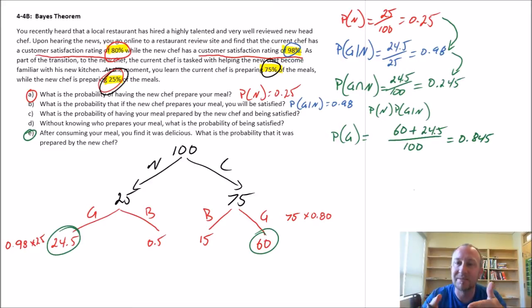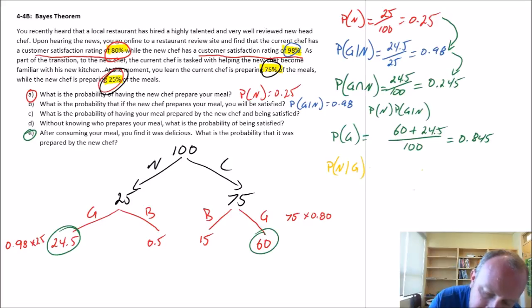But using this method, where here I've got 100 meals, it's a little bit more straightforward to work with, or to calculate. Here what we're trying to figure out now is the probability that it's produced by the new chef given that it's good. So I eat it, that was a delicious meal. What's the probability that that was made by the new chef?